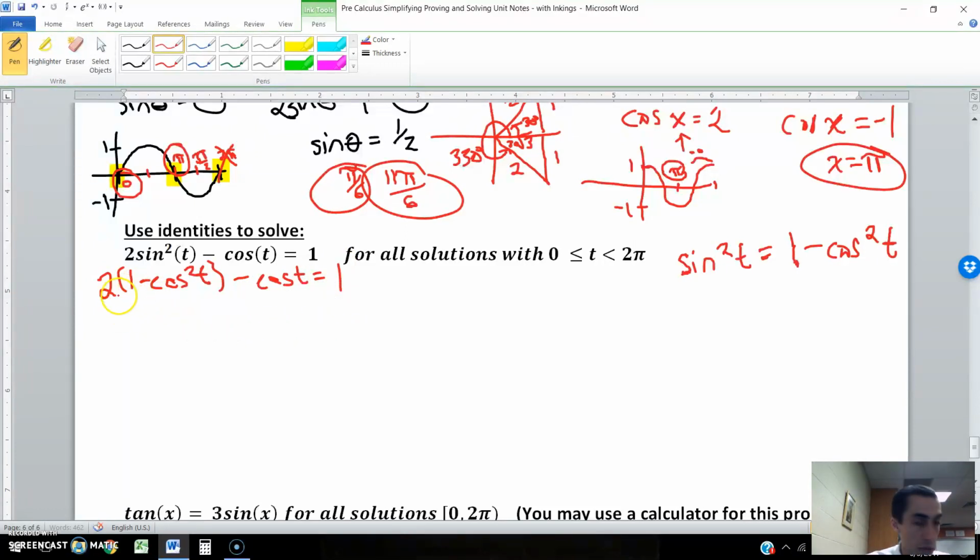Then I'm going to use the distributive property here. Now, since I'm trying to solve it, I'd like to have a 0 over on the right side. So I'm going to subtract 1 from this side and from the other side.